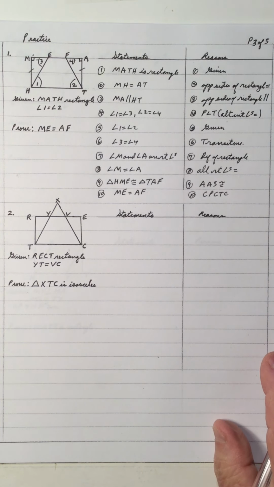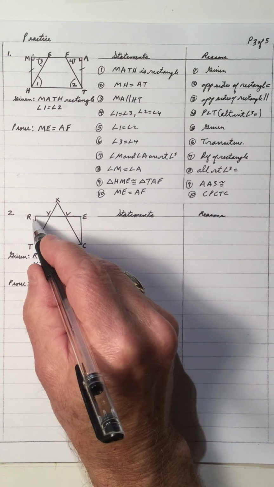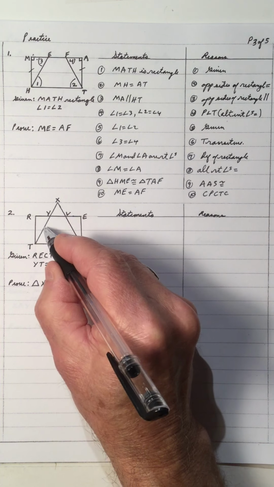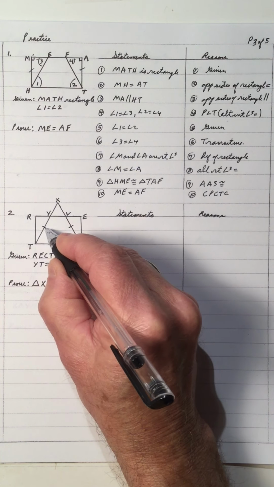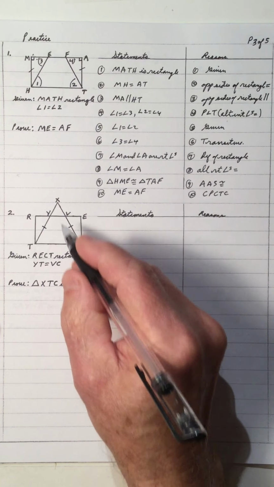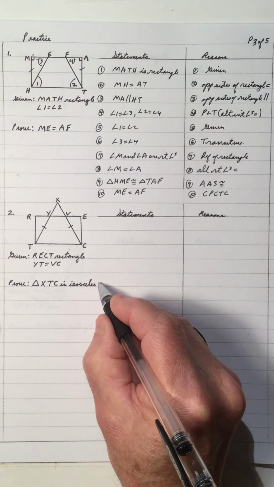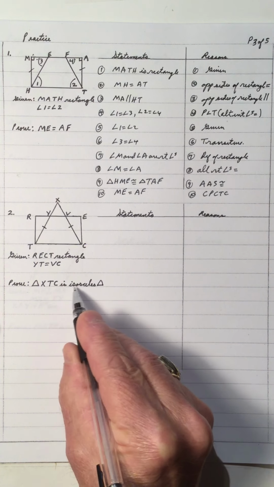Okay, if you wish, let's do another proof. Pause your video and see if you can work this one out. We have RECT, it's a rectangle. We have YT equals VC, and we have to prove that XYV is an isosceles triangle.